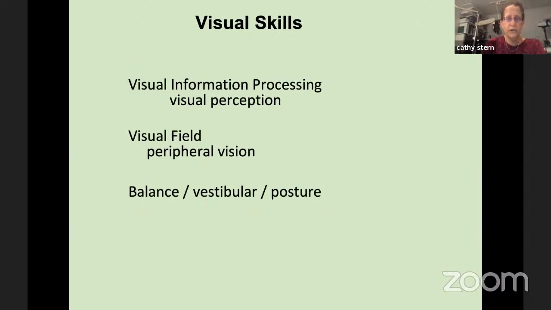I think it's really important that we look at the visual field, but not from a disease standpoint, but from the standpoint of how well are we using that peripheral awareness and peripheral information. And then all of these things, certainly many of them anyway, play a role in balance and posture, though there can be vestibular deficits as well as the visual system and the vestibular system not cross-talking with each other very well.